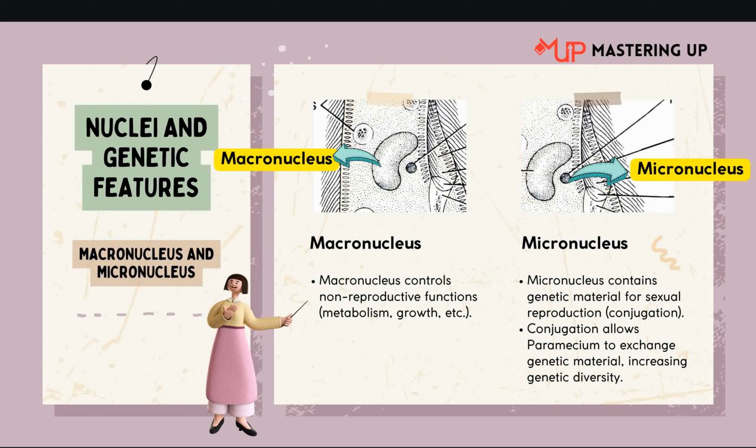Macronucleus controls non-reproductive functions such as metabolism and growth, while micronucleus contains genetic material for sexual reproduction, that is conjugation. Conjugation allows paramecium to exchange genetic material, thus increasing genetic diversity.